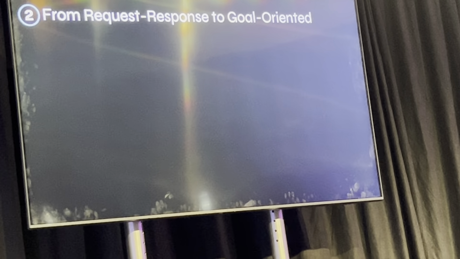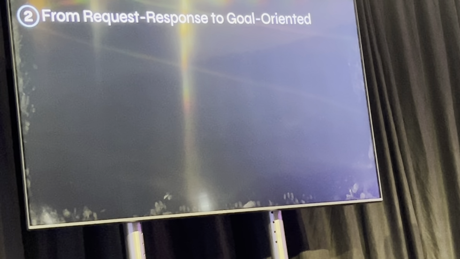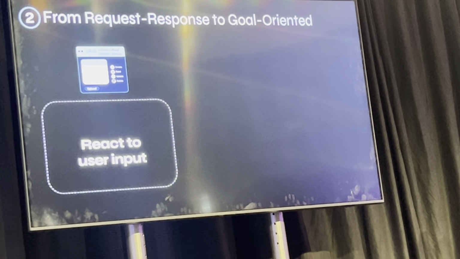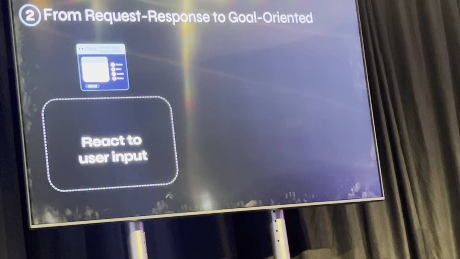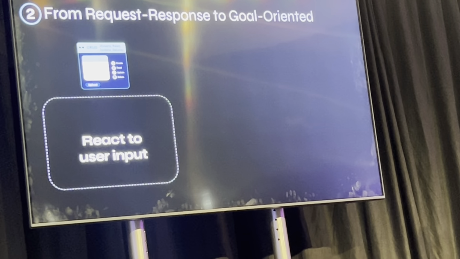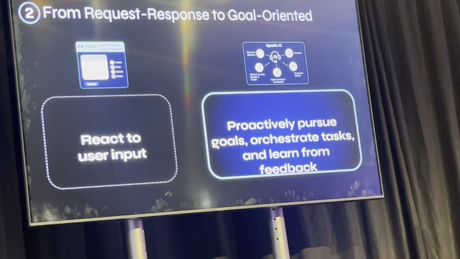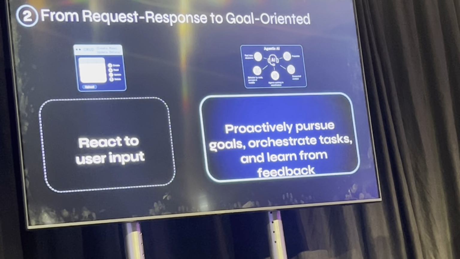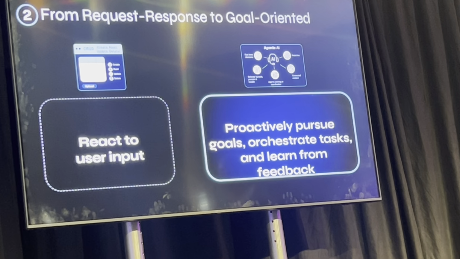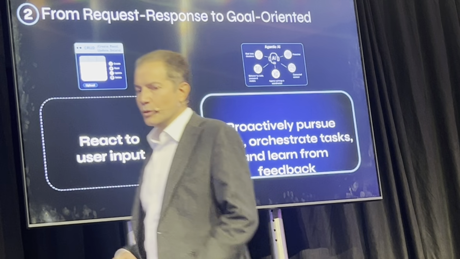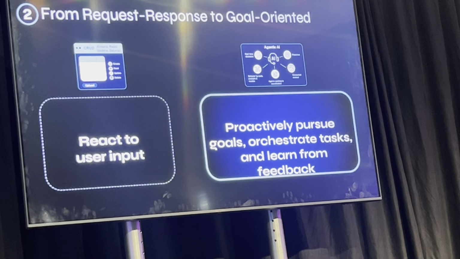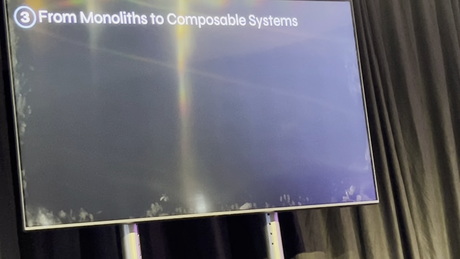Next one is moving from request-response to goal-oriented, where with respect to response, you're just reacting to user input in a pre-programmed way, and with goal-oriented, you're pursuing goals in a way that evolves and adapts over time and learns from feedback.